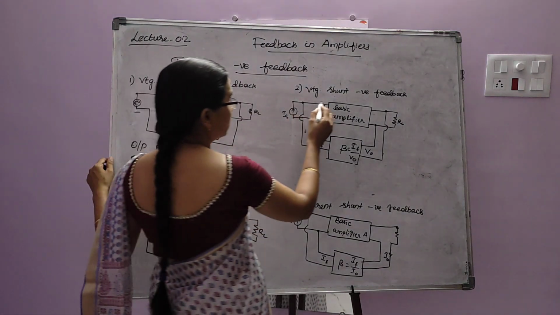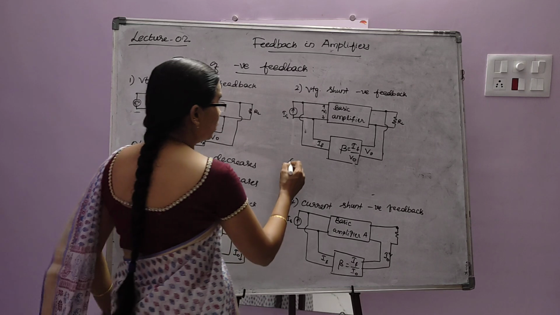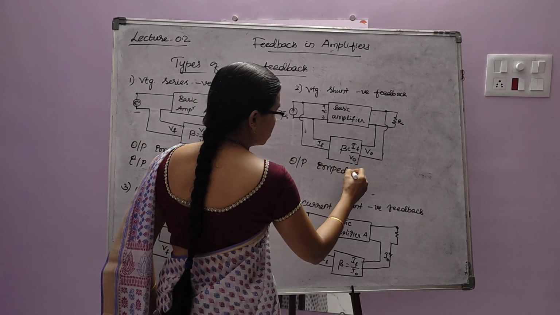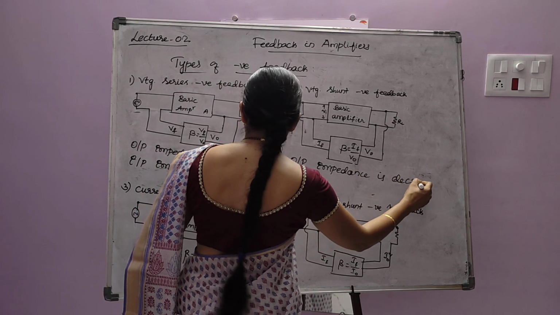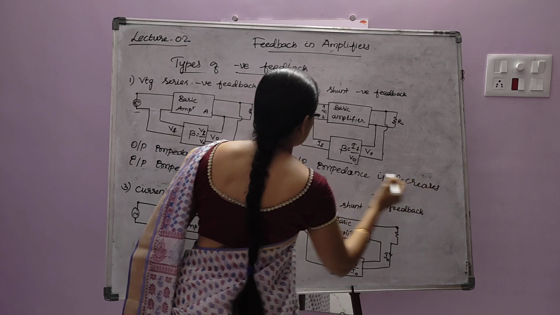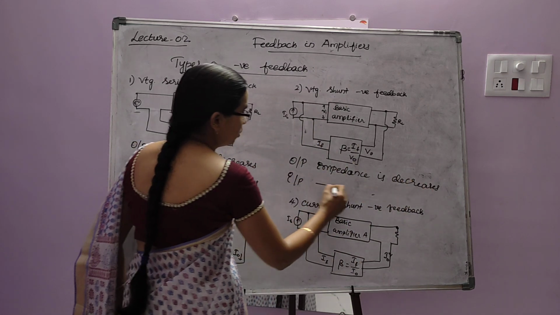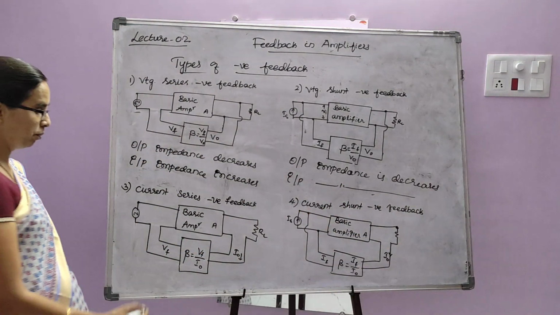Whereas in the case of voltage shunt negative feedback, the output connection is parallel, therefore output impedance decreases. Here the input side also has a parallel connection, therefore input impedance also decreases in voltage shunt negative feedback.